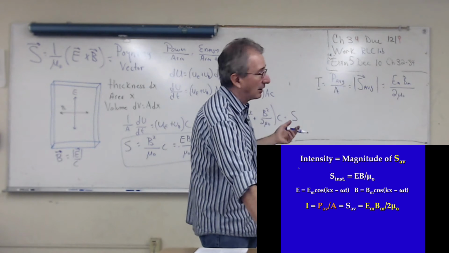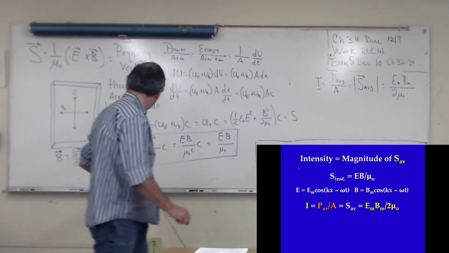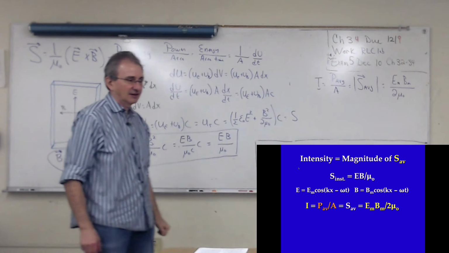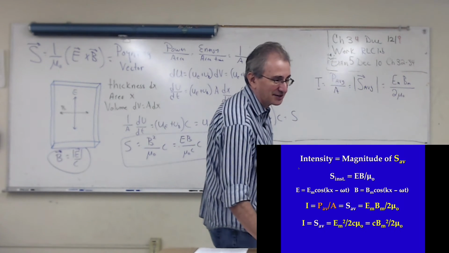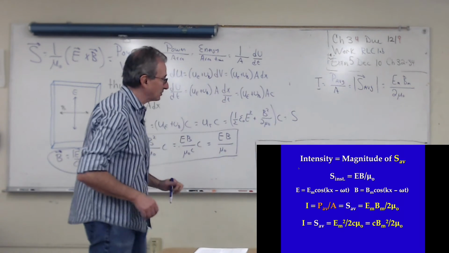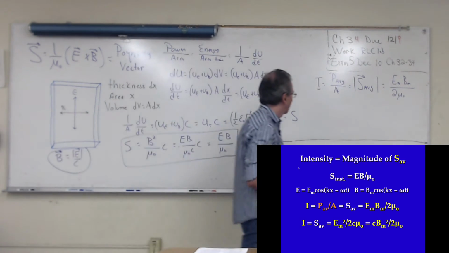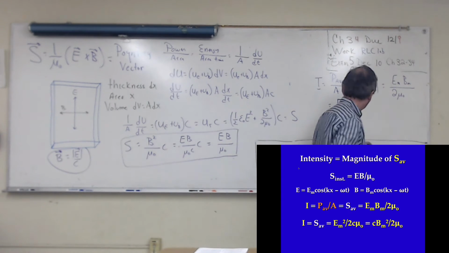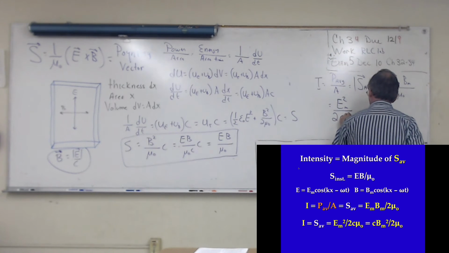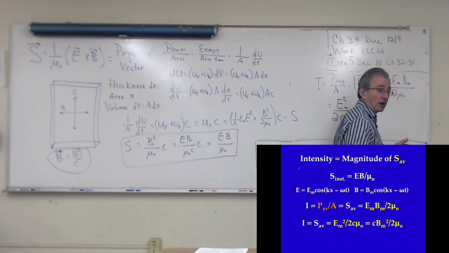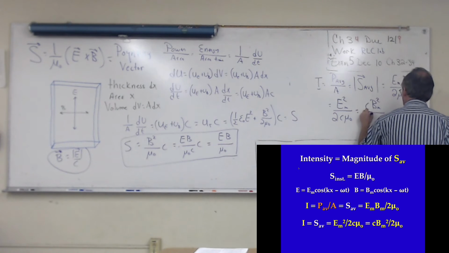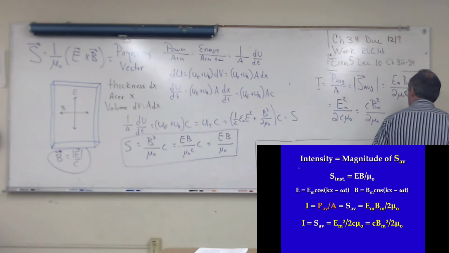But we can rewrite it other ways because of this relationship. And this is where we get all the equations. We can also write it in terms of E squared max over 2c mu naught. We can also write it as c B max squared over 2 mu naught.